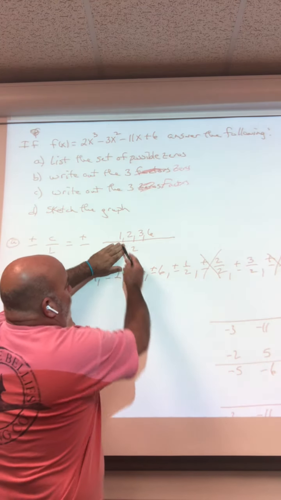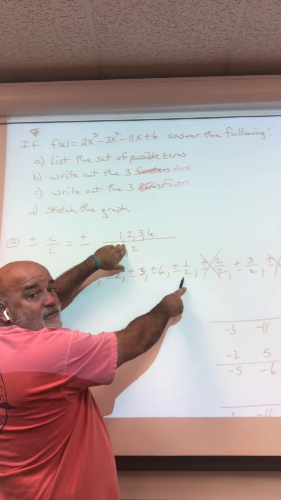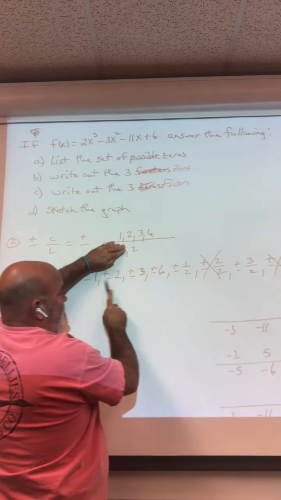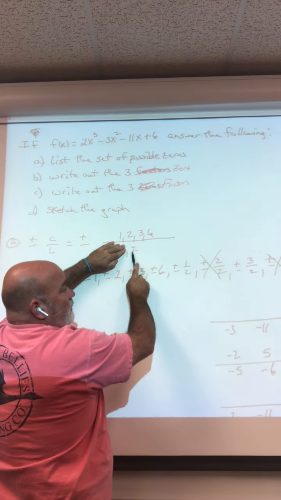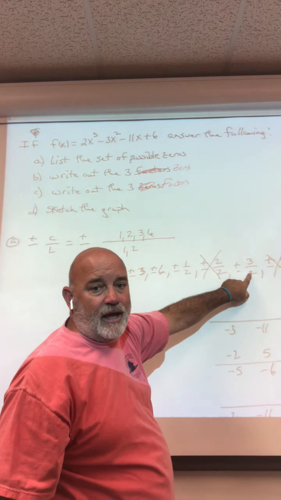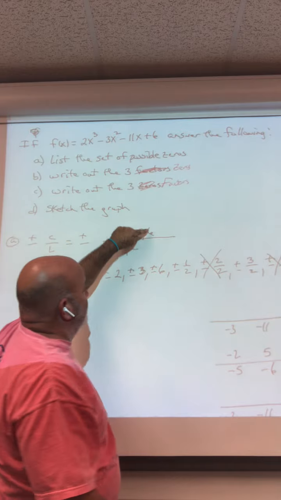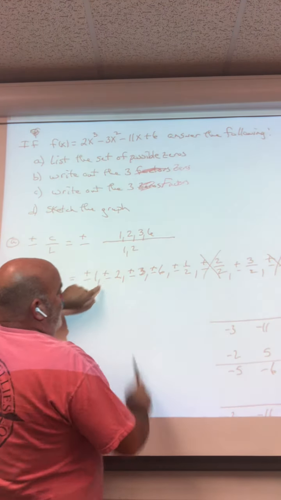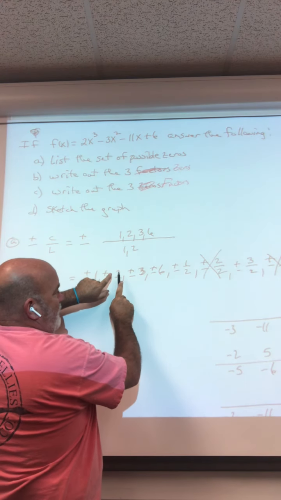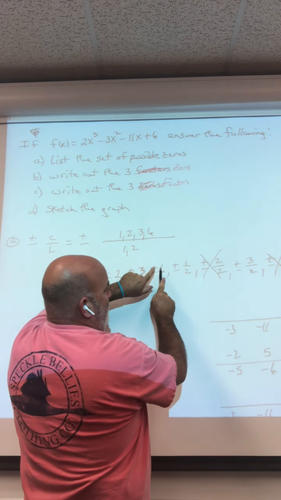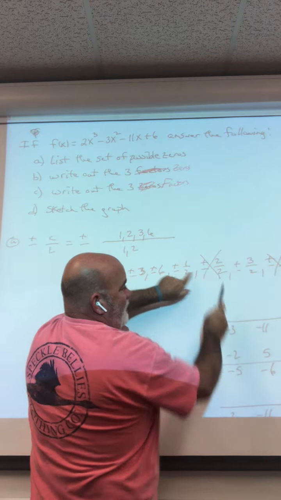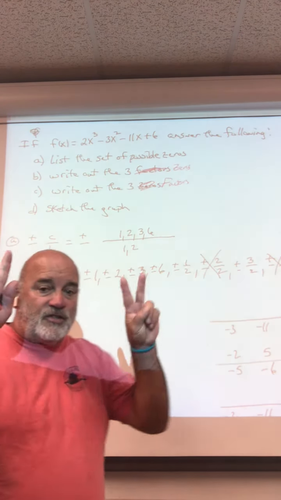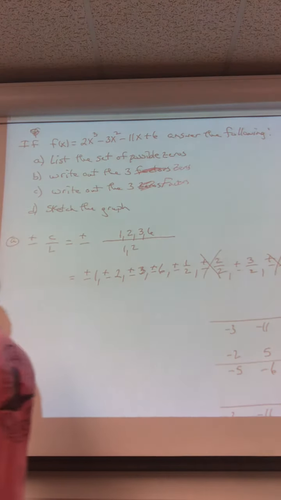Okay, and then you've got 1 over 2, which is a half. 2 over 2 is 1, so you don't have to put it. 3 over 2 is 3 halves. And 6 over 2 is 3, so you don't have to write that. So you've got plus or minus 1, plus or minus 2, plus or minus 3, plus or minus 6, plus or minus a half, plus or minus 3 over 2. So that's your suspects, if you will.